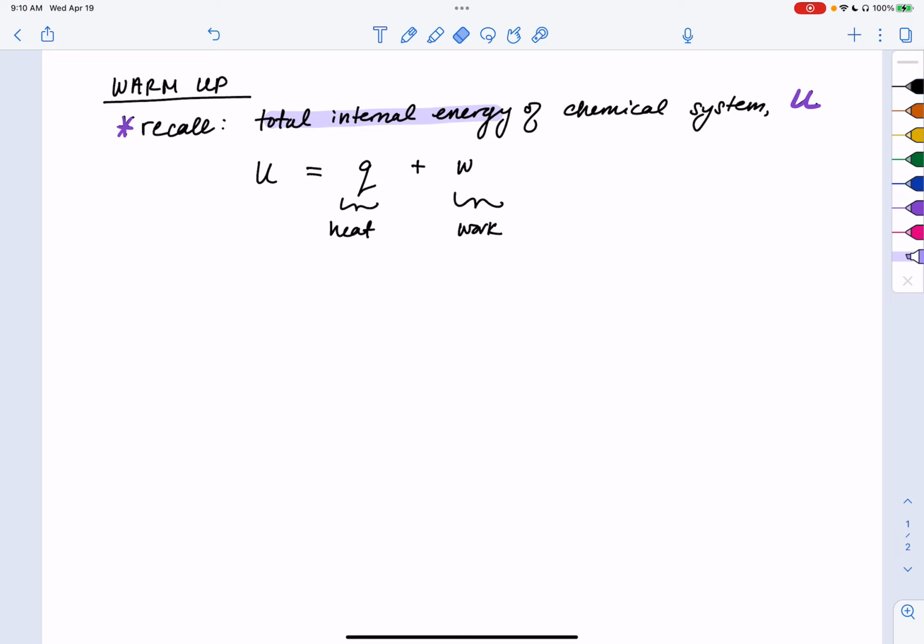And let's remind ourselves about where this idea of heat and work come from. So in a general physical sense, total internal energy would be a sum of all possible energies in a system. Typically in classical Newtonian setups, that would be something like kinetic energy and potential energy. Here in a chemical system, we are looking at heat, which comes from some kind of movement, be it translational, vibrational, rotational, of molecules in the system.